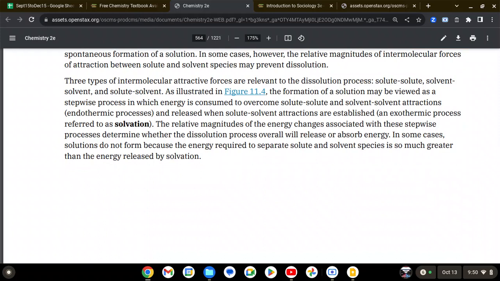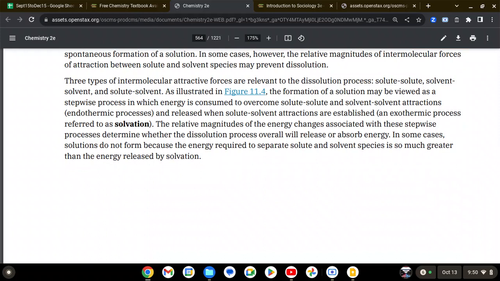As illustrated in Figure 11.4, the formation of a solution may be viewed as a stepwise process in which energy is consumed to overcome solute-solute and solvent-solvent attractions, and released when solute-solvent attractions are established.